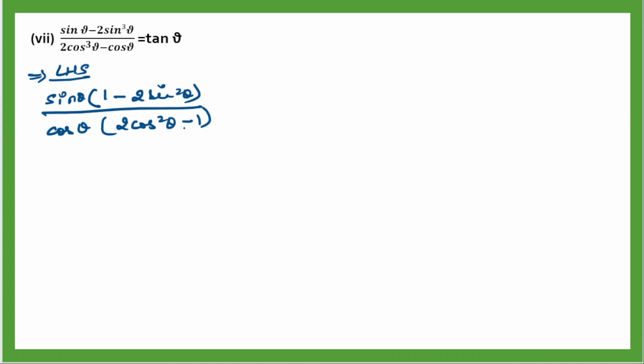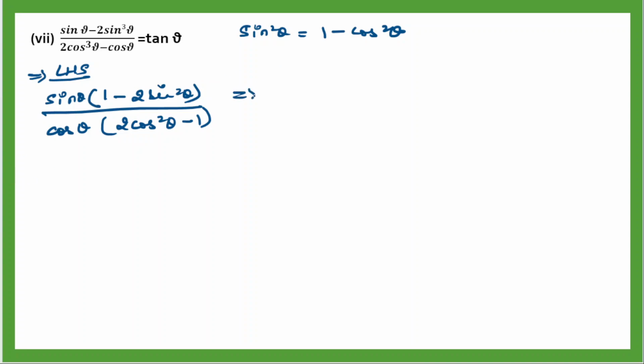Okay. Now what we can do? We can write our sin square theta as 1 minus cos square theta, from our identity sin square theta plus cos square theta equals 1.